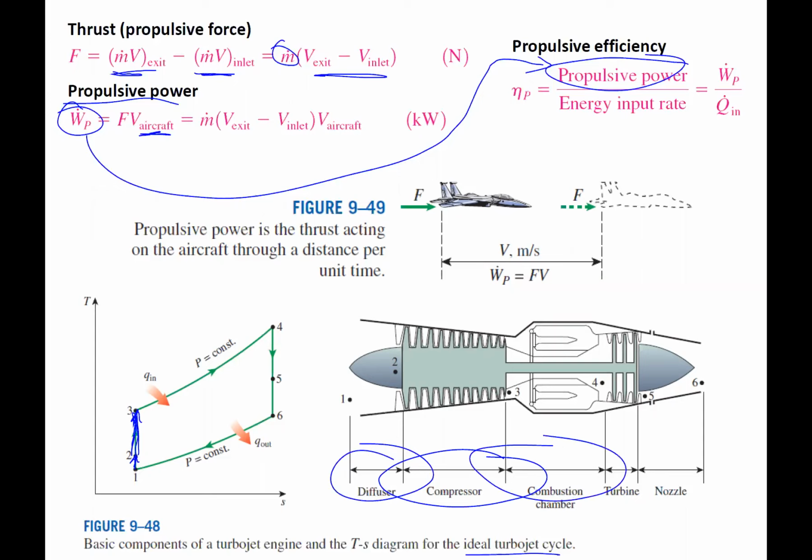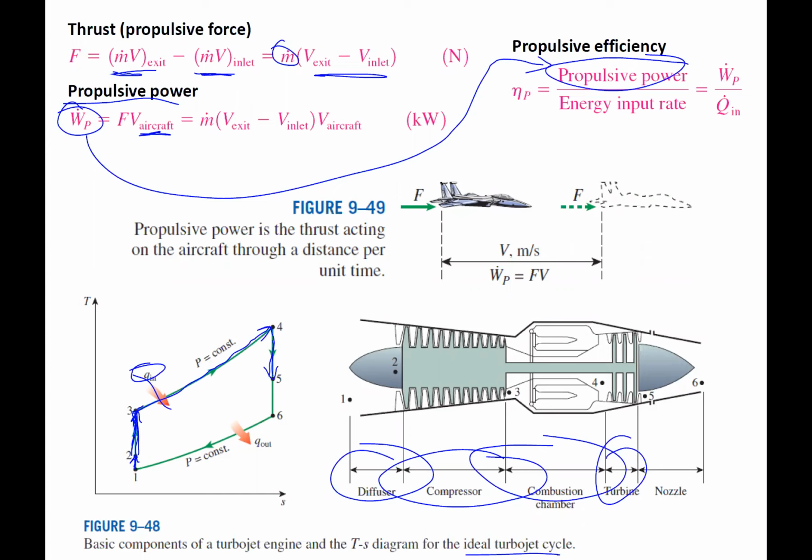So now we add heat, constant pressure, to raise the temperature up. So we have our heat coming in. Now we expand 4 to 5 through the turbine. So in our turbine section, we're expanding.